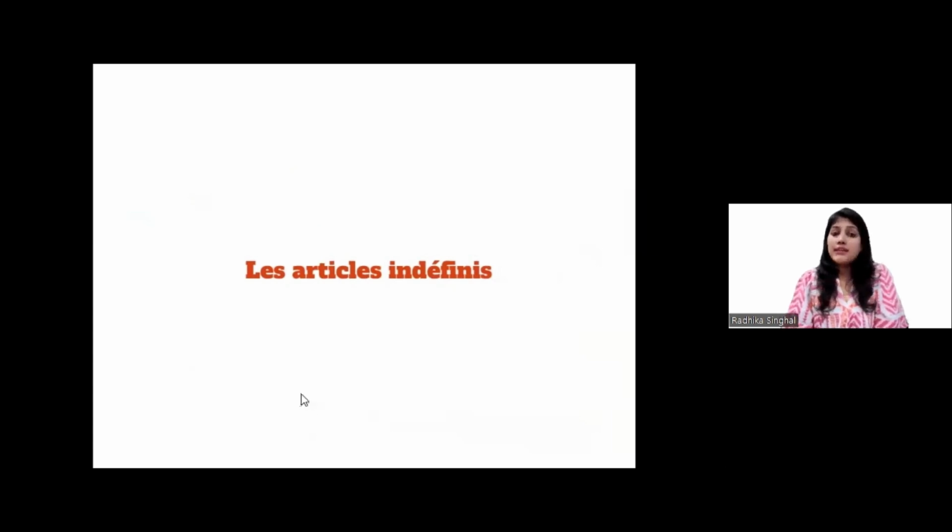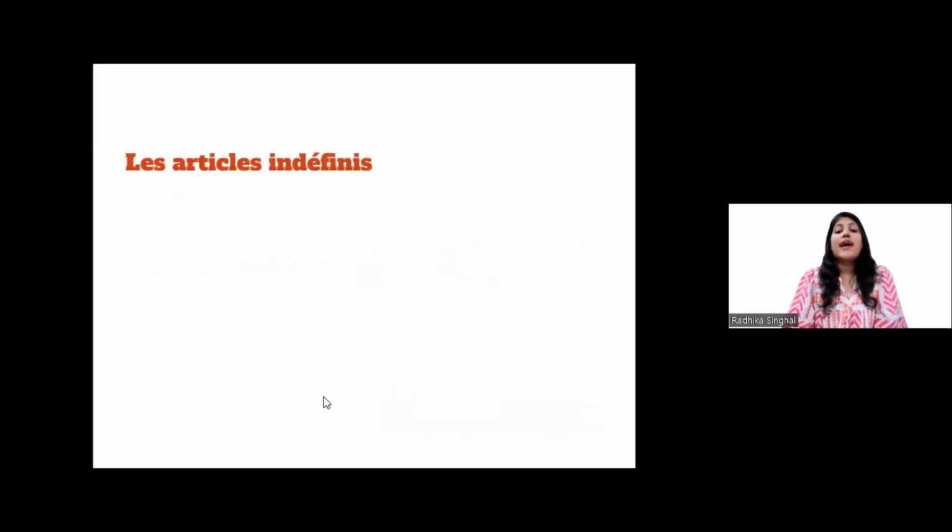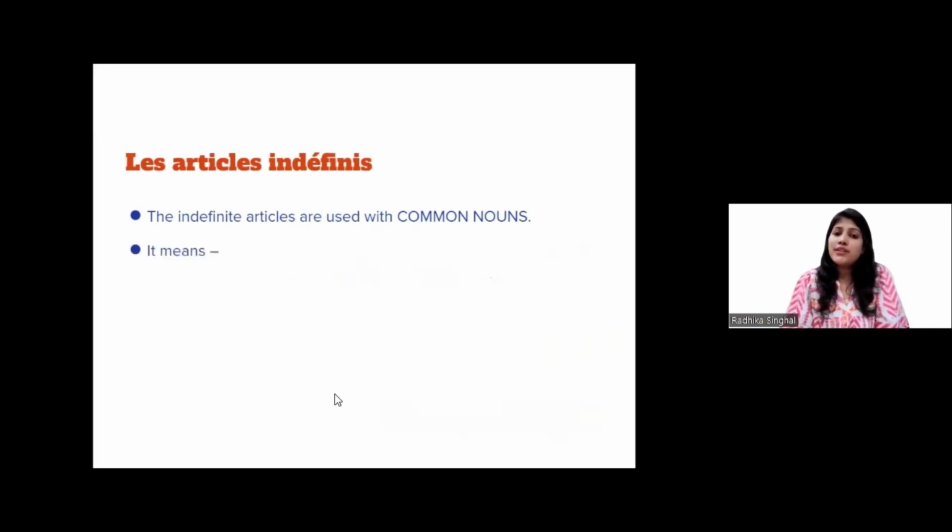And these articles in French are called les articles indéfinis. Or as in English, we know them, the indefinite articles. These articles are used with common nouns. And in English, they mean a in singular, some in plural.